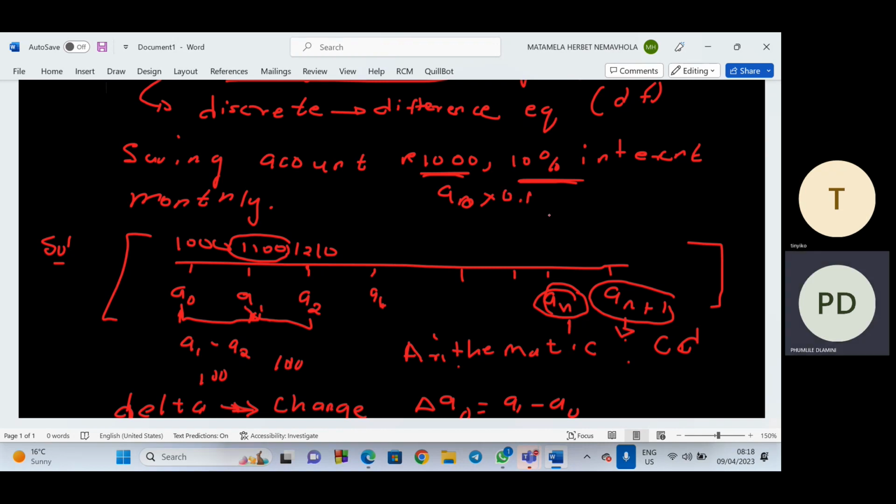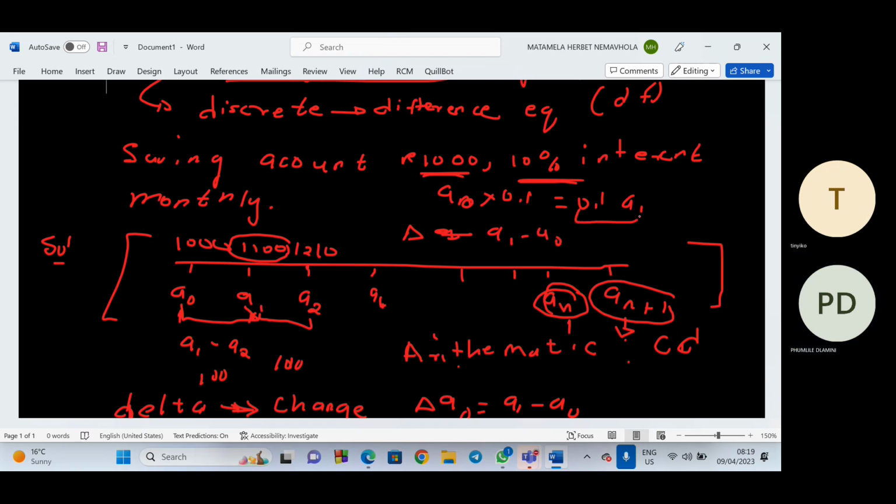Then a0 multiplied by 0.1 gives us the change, the delta, which is a1 minus a0.